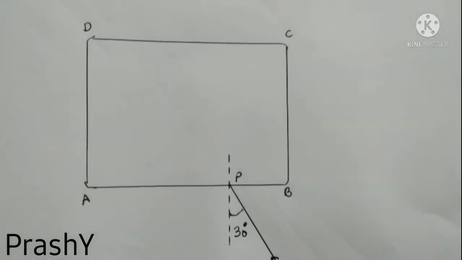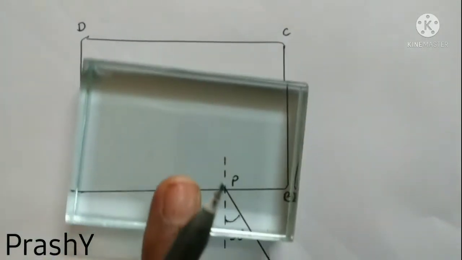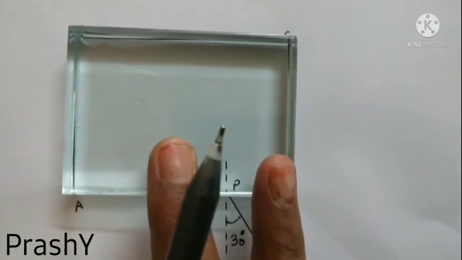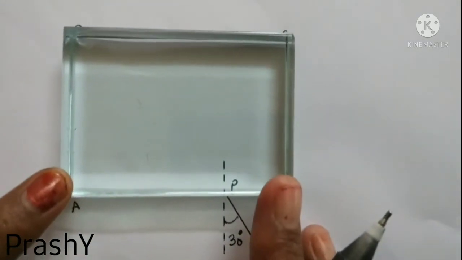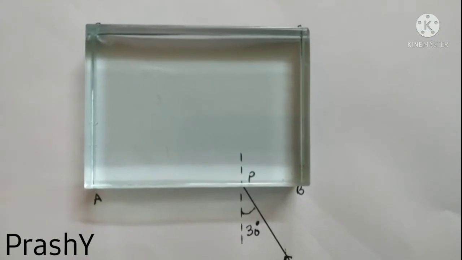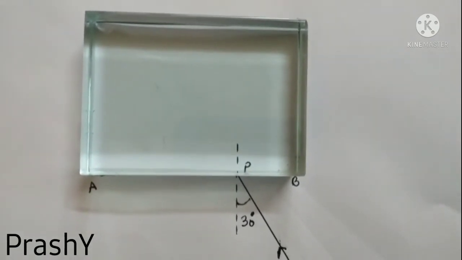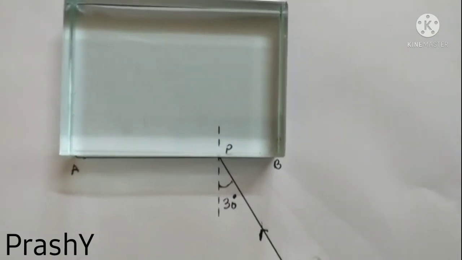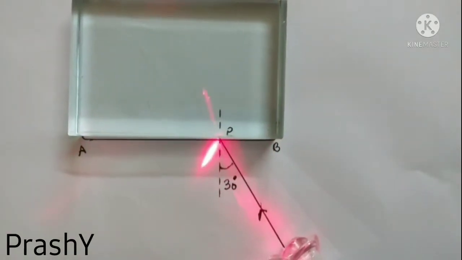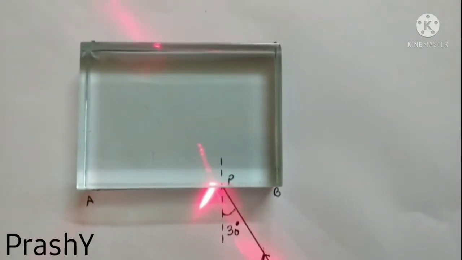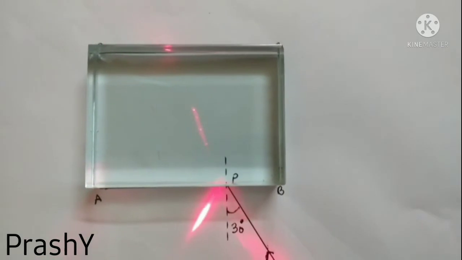Now place the glass slab in its position and pass the laser light at this angle of incidence. That means it should be along the angle of incidence, that is 30 degrees, and trace the path on the other side of the glass slab.